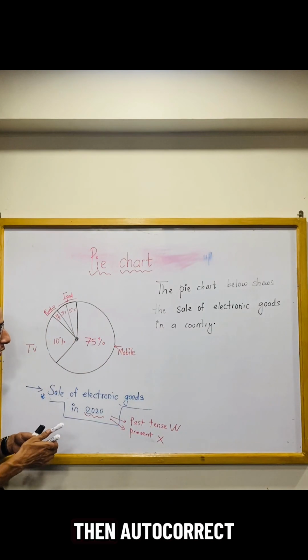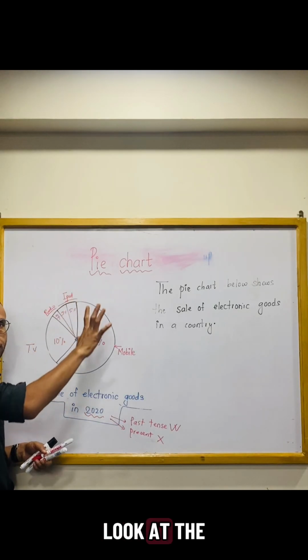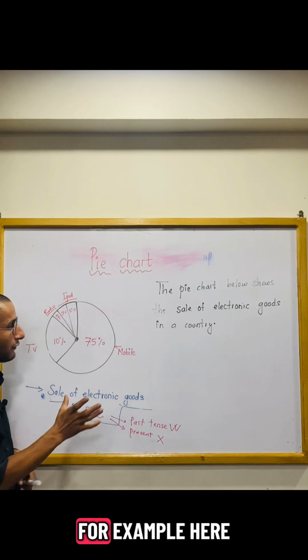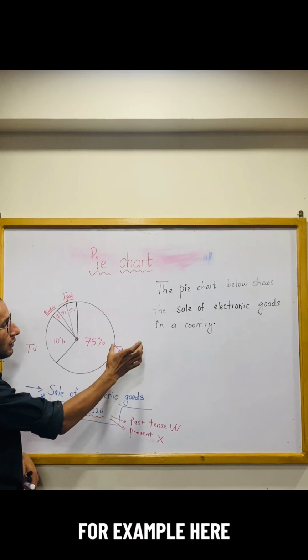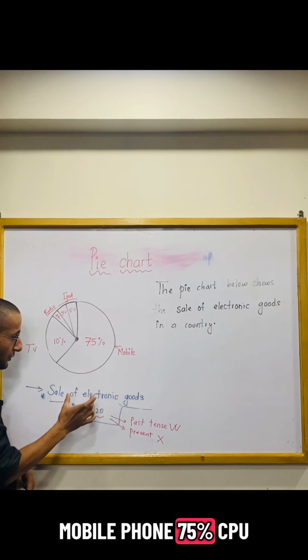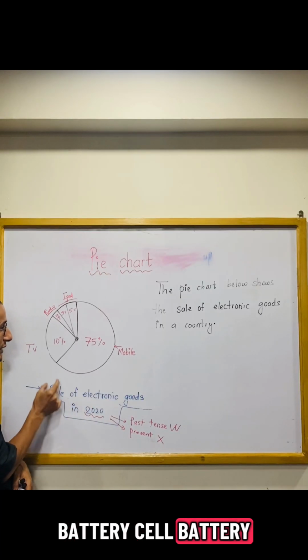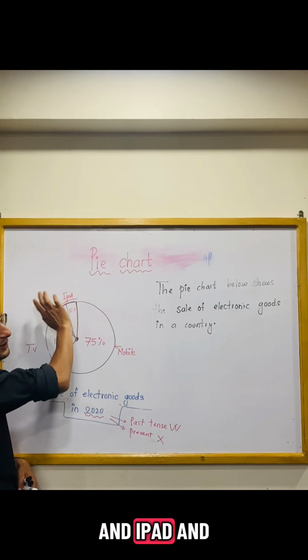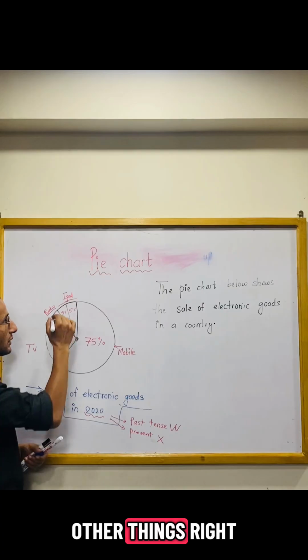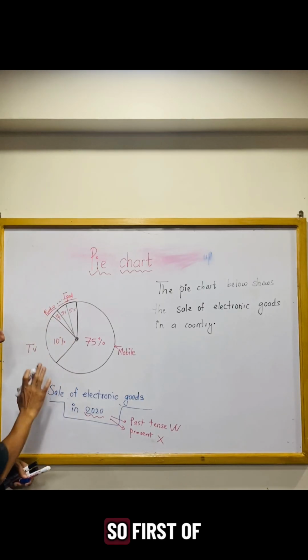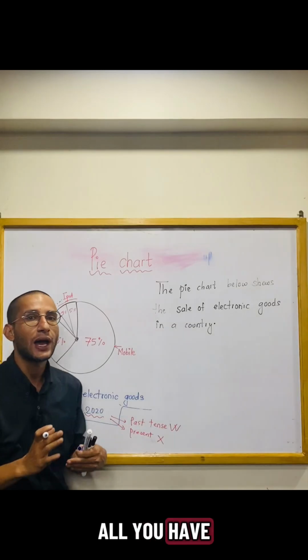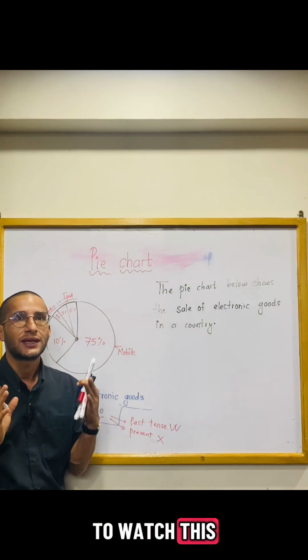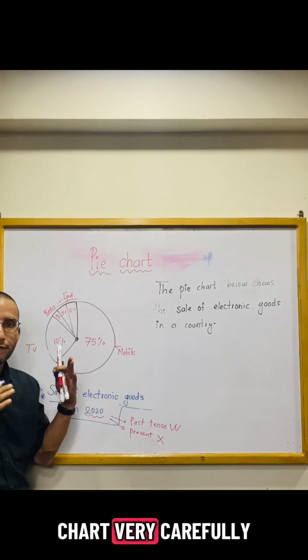And then, another thing, look at the pie chart carefully. For example, here, mobile phone was 75%, it was sold. TV 10%. And there's radio and iPad and let's say some other things. Right? So, first of all, you have to watch this chart very carefully.